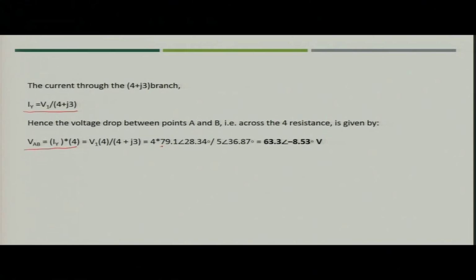V1 you have just found, that is 79.1 with angle 28.34 degree, then divided by 4 plus J3, that also you can convert into the phasor form, because it is easier to calculate, and when you simplify you will get the value of VAB as 63.3 and angle is minus 8.53, because 28.34 minus 36.87 will give you minus 8.53 degree, that is 63.3 angle minus 8.53 volt for the voltage at node A. So, this you can easily solve and find out the value.